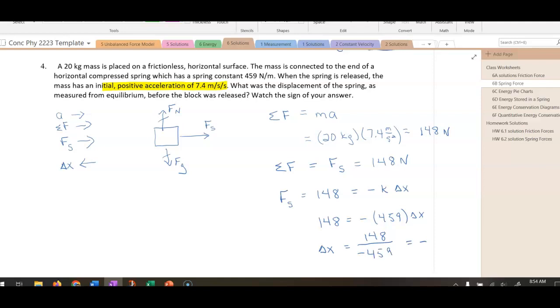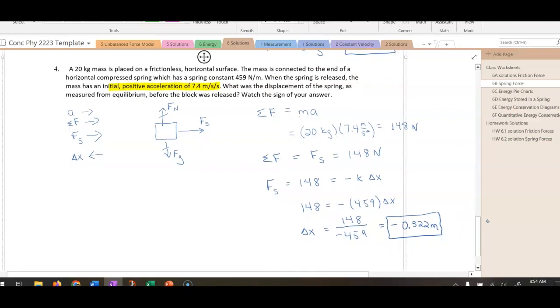So it's going to be negative 0.322 meters. So when we solve this, we're getting a negative displacement, but that's what I had already inferred from the information that it was accelerating to the right.